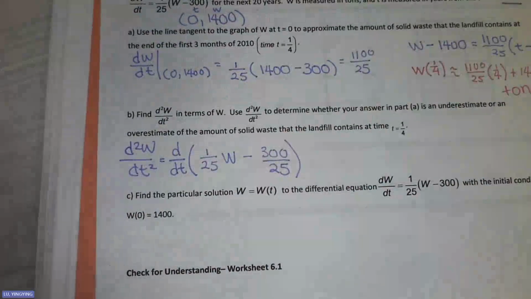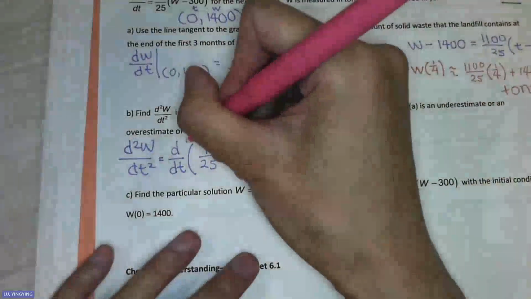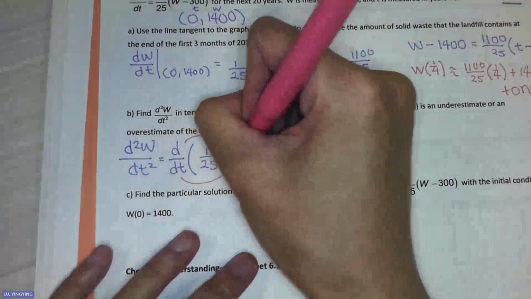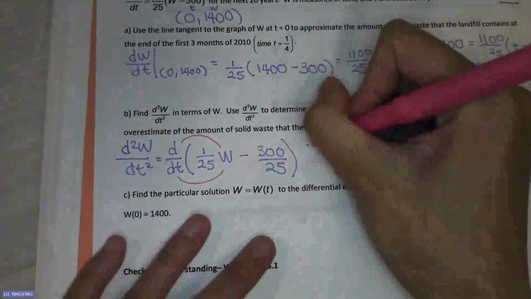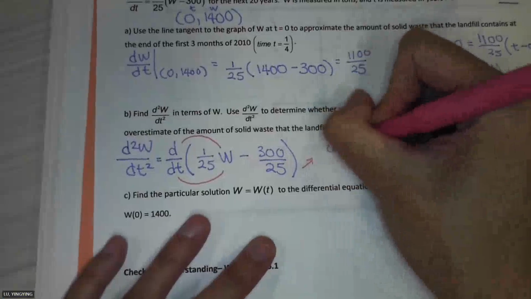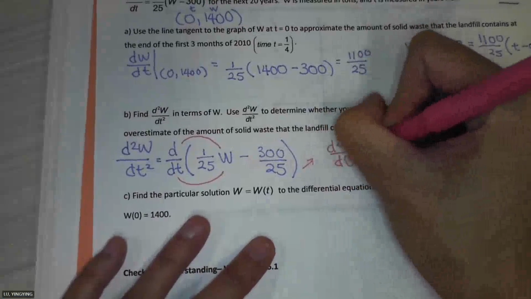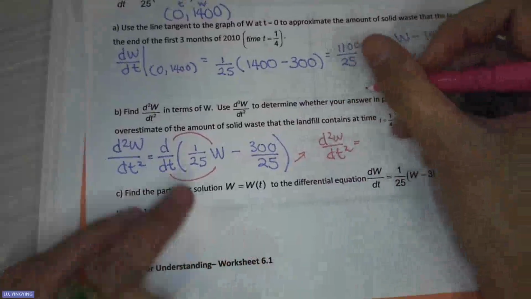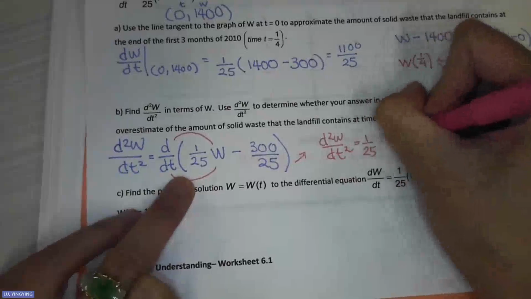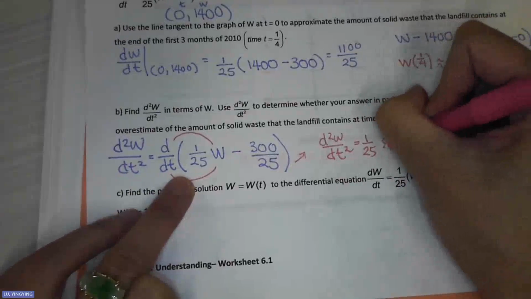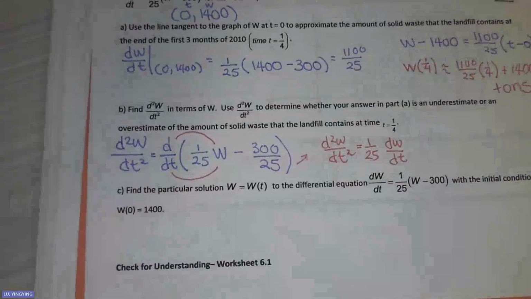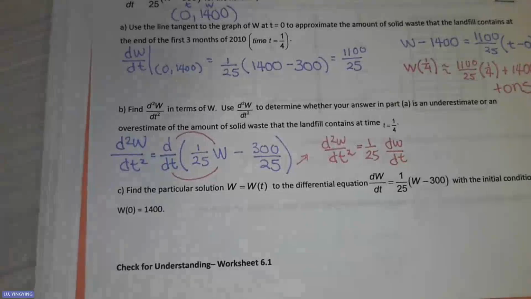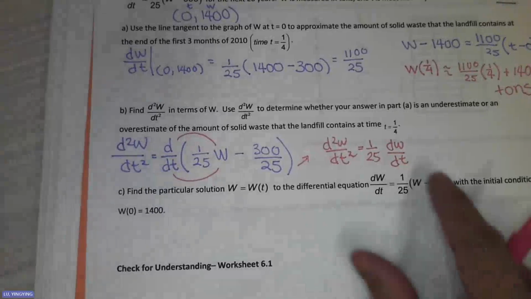We are about to get to the AP review, so you need to remember all these kinds of things. So the second derivative is going to be 1 over 25 times dW/dt, because we are taking the derivative of W with respect to t. That's what that is.